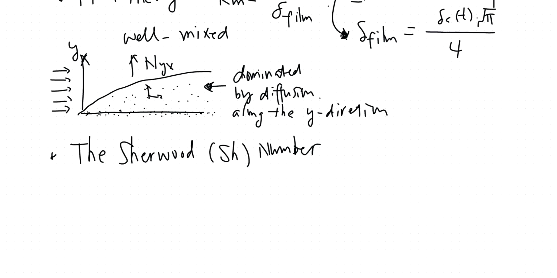So let's define this. What is the Sherwood number? k_m is the mass transfer coefficient. D_AB is the diffusion coefficient of solute A in medium B. What is L?